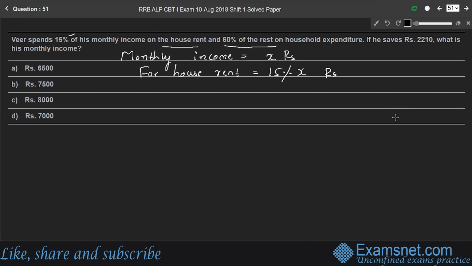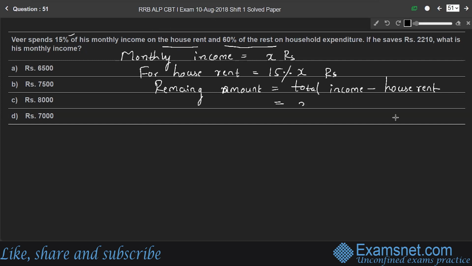60% of the rest on household expenditures. So what is the rest amount, right? So remaining income becomes total income minus house rent, right?